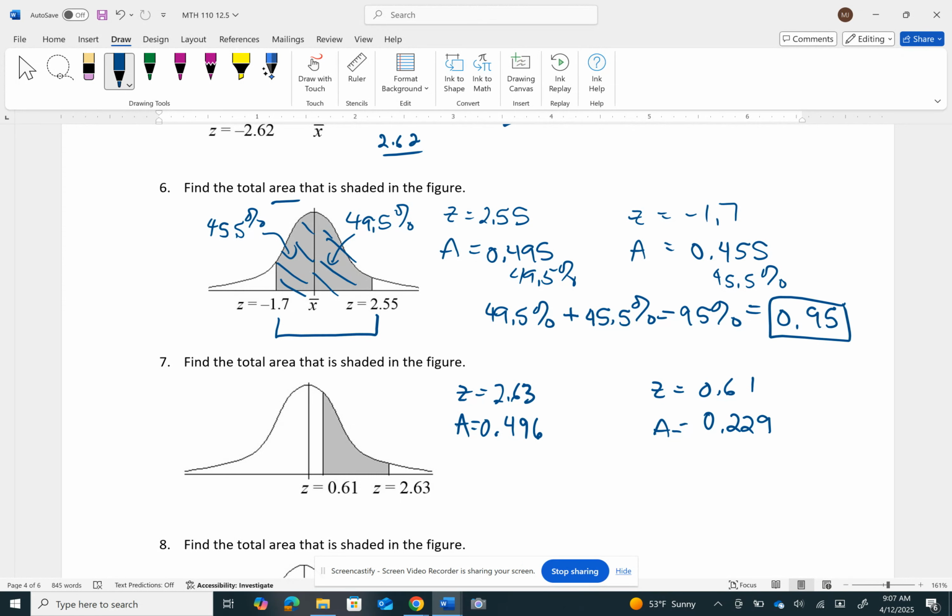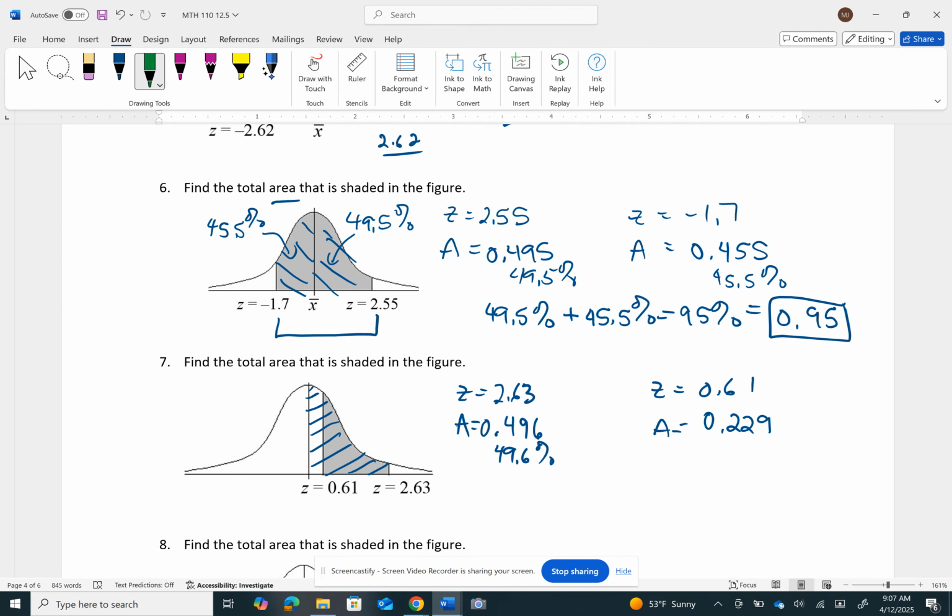And you got to keep straight where you are in the process. So we had our z-scores, now we have our A values. All right, now, when you look at this, from the 2.63 all the way to the mean, that would have been 49.6% of the data values.